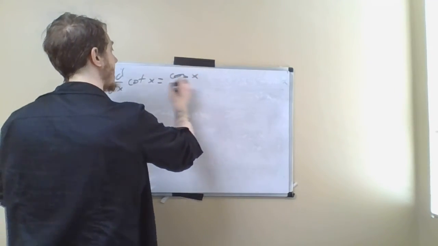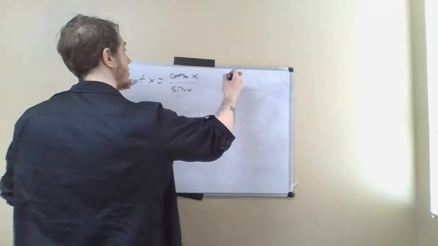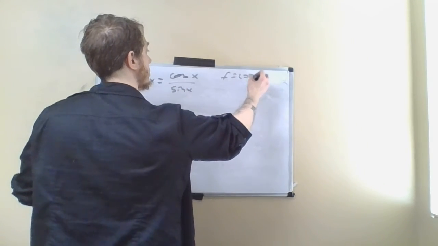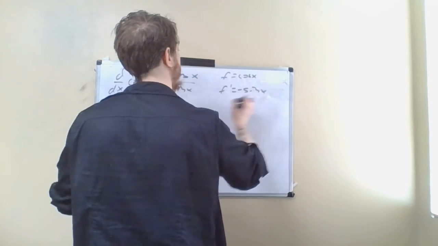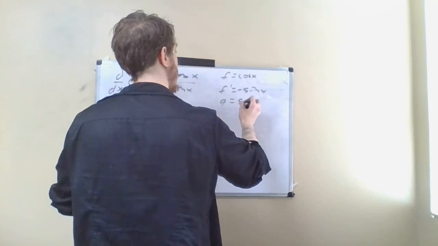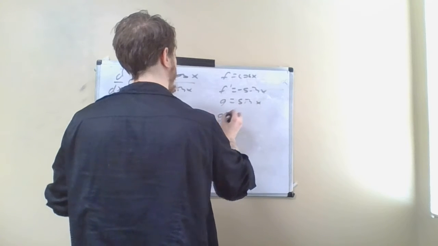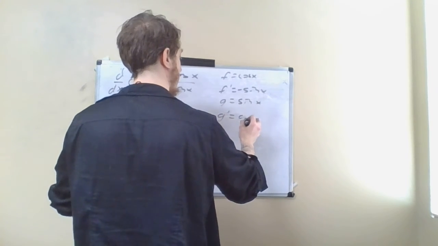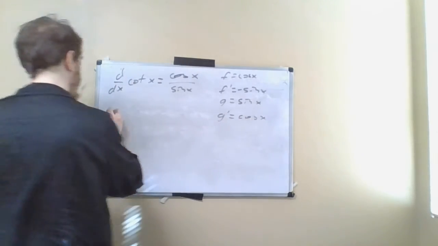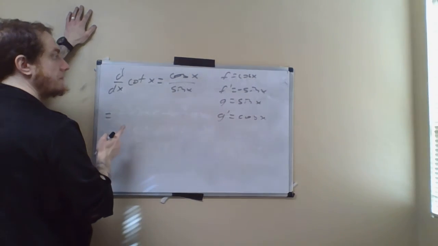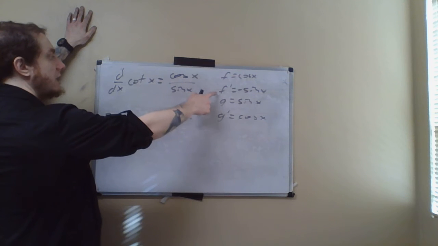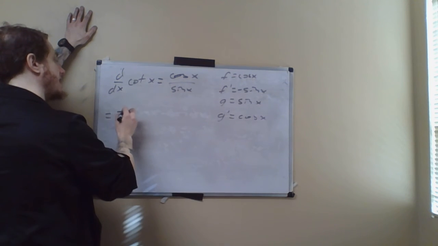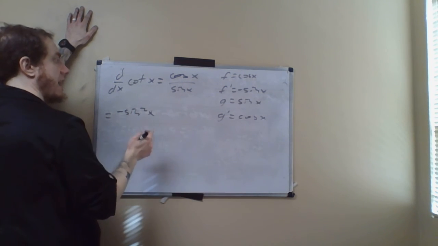This is cos x over sine x. So we're going to take f equals cosine x, f prime is then negative sine x, g is sine x, g prime is cosine x, and this almost works out the same, except we end up with our things a little bit different. So f prime times g is negative sine squared x.